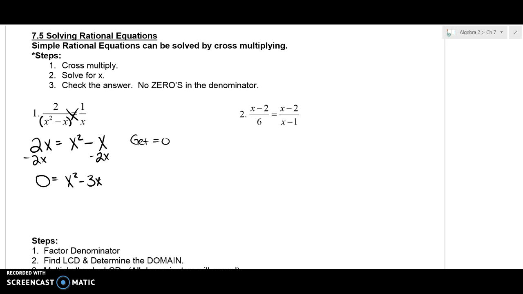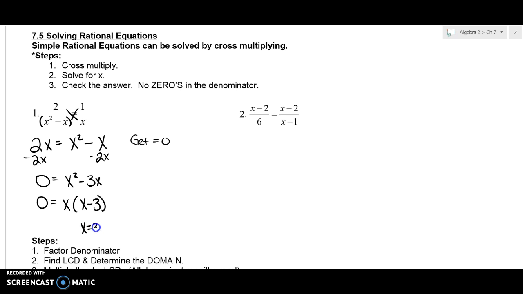This isn't the normal kind of factoring problem. This is factoring with greatest common factor. So what do x squared and negative 3x have in common? X. So factor out an x. Then we need to solve. Now the x minus 3 is easy. What's the solution for the x minus 3 part?